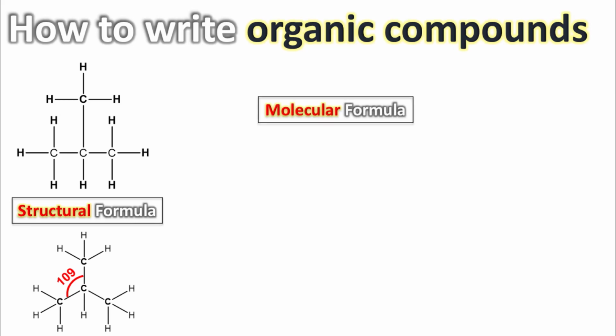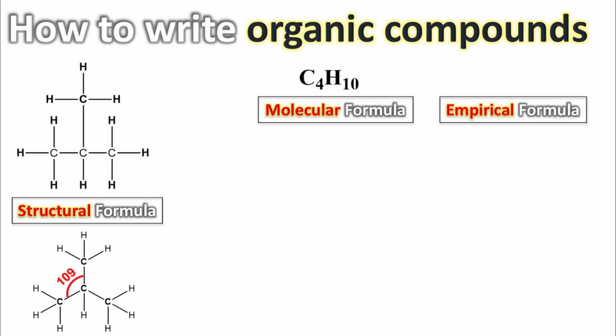Write the molecular formula by counting the number of carbon atoms, equal to 4 atoms, and the number of hydrogen atoms, equal to 10 atoms. So, the molecular formula of this compound is C4H10. Write the empirical formula by dividing the molecular formula by 2. So, the empirical formula of this compound is C2H5.